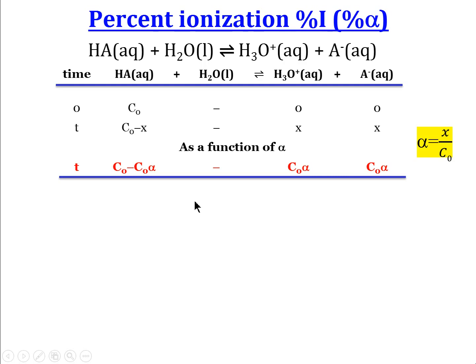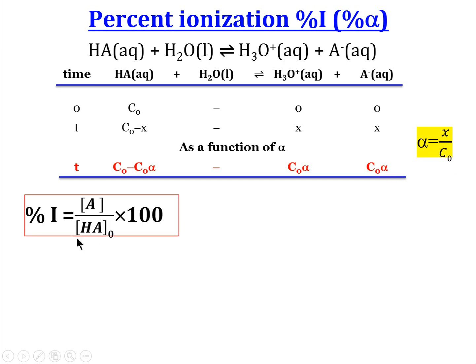The percent ionization I, or the percent alpha, is equal to the quantity reacted divided by the initial. So the percent I is given by A- formed, which is x, divided by HA initial, which is C0, times 100.